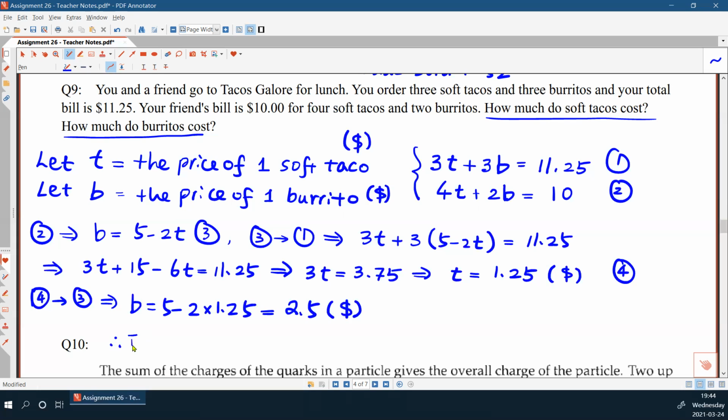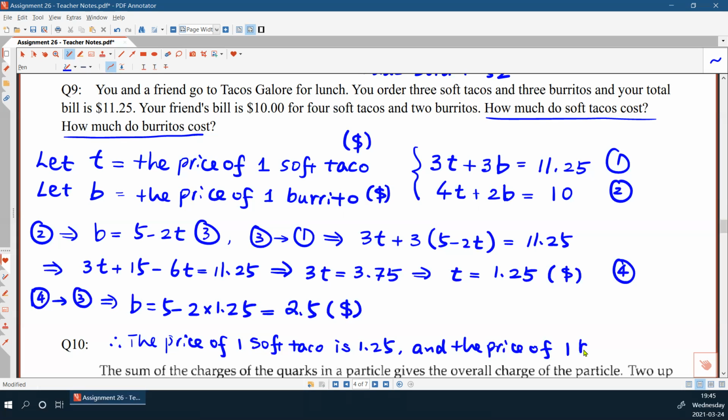And thus, the price of one soft taco is $1.25, and the price of one burrito is $2.5.